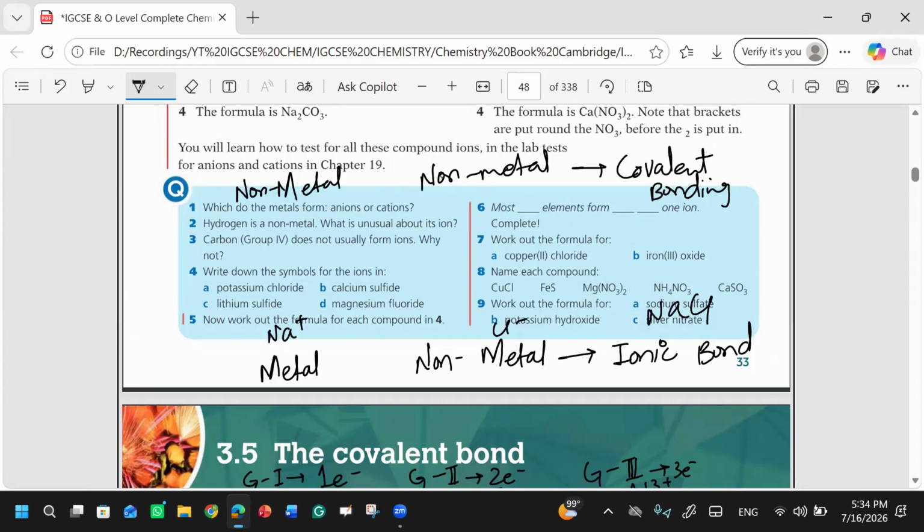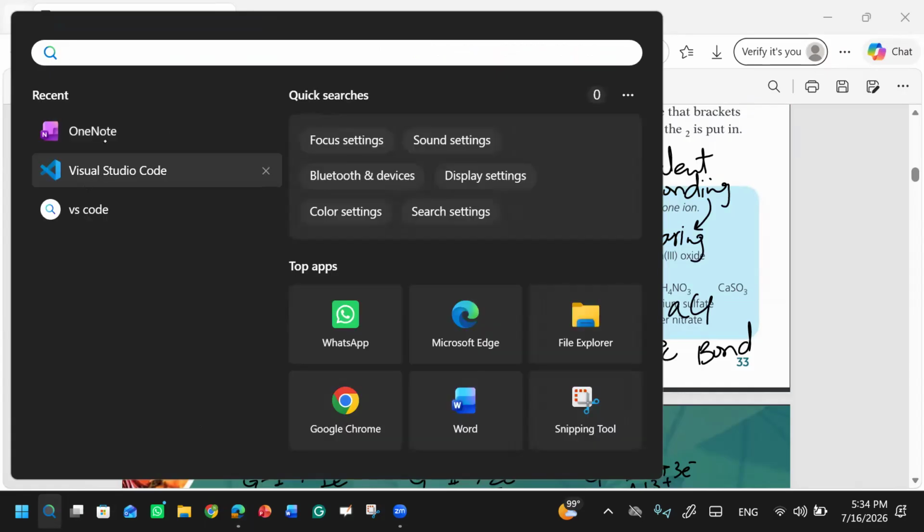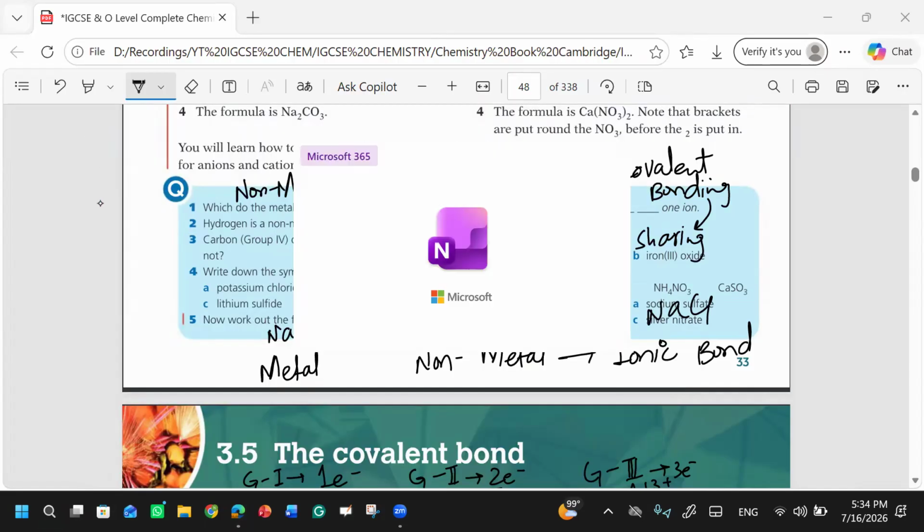And why do we need non-metals for covalent bonding? Because we know that covalent bonding happens through the sharing of electrons. Let me explain this over here.